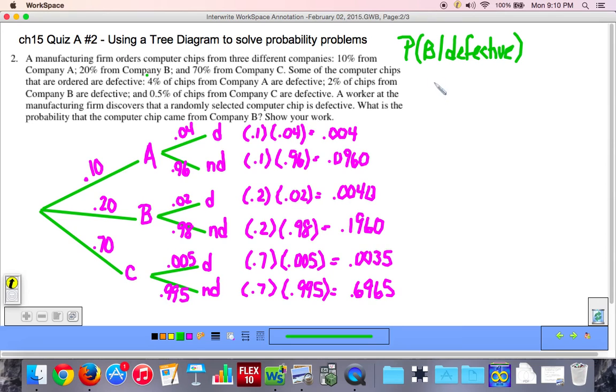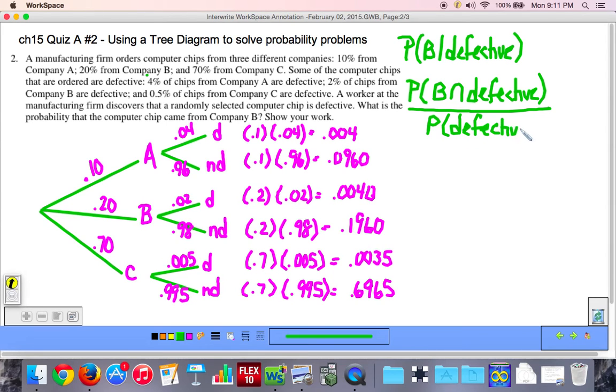Okay, and hopefully you read the chapter 15 notes, and you know the formula for this conditional probability would be the probability that it came from company B intersect that it's defective, or again we'd read that intersection sign as and, the probability that it's from company B and it's defective, divided by the probability that the chip is defective.